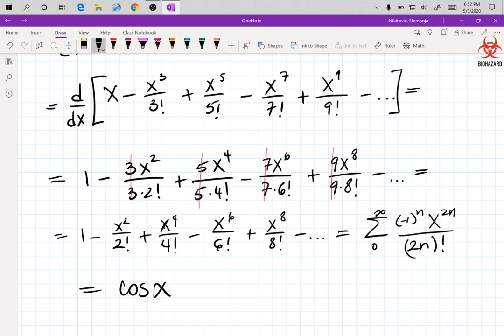Go ahead, do the integration. Integral of sine is negative cosine, and integral of cosine is sine. If you integrate term by term, it will give you exactly what you need to have. Right? It all has to link in and click in.